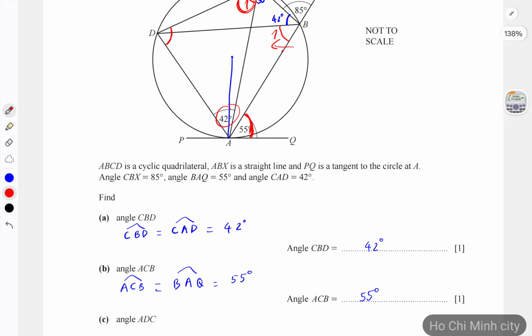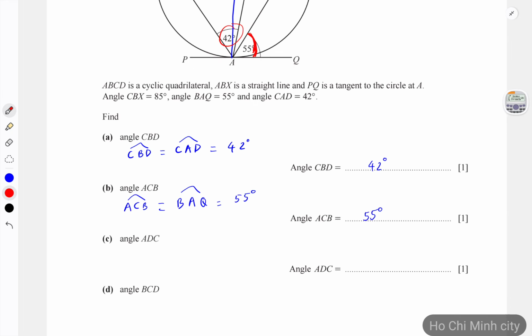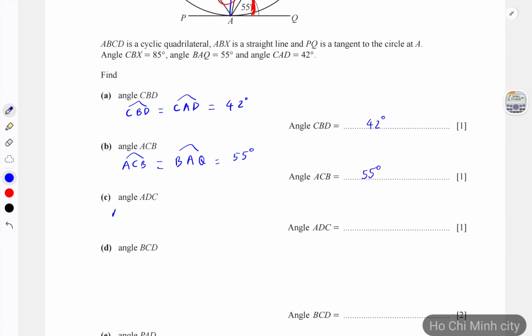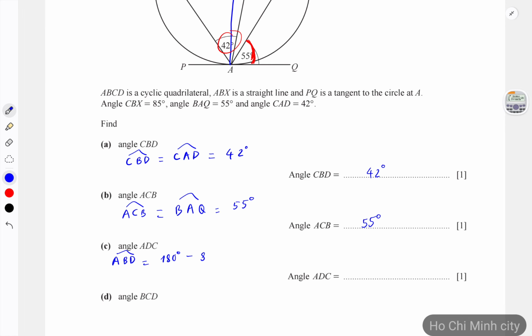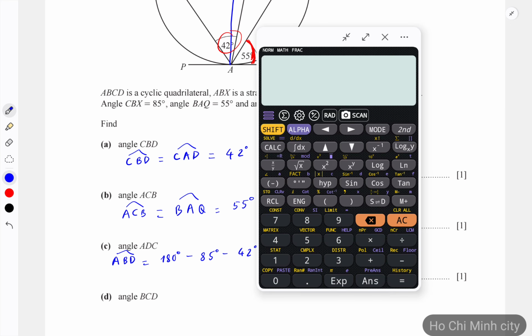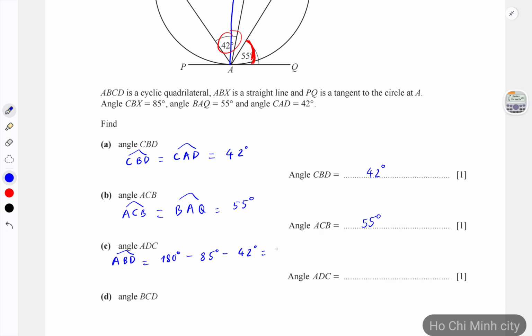All right, so we will write down ABD. ABD is 180 degrees minus 85 and 42. That is 53 degrees.